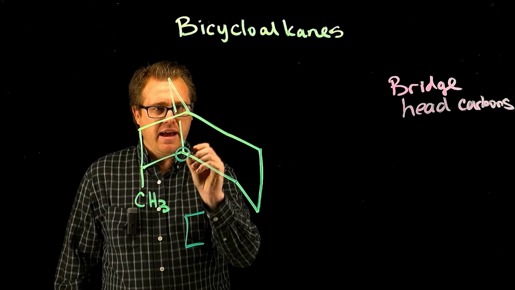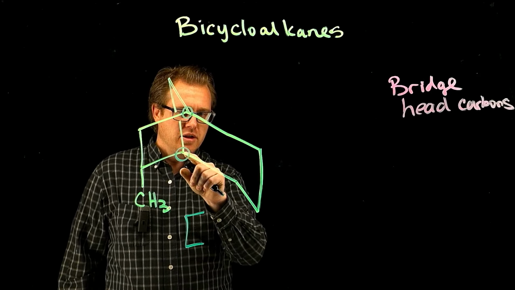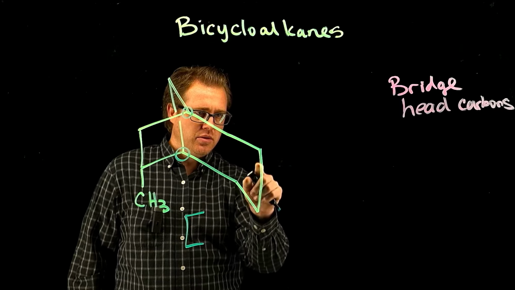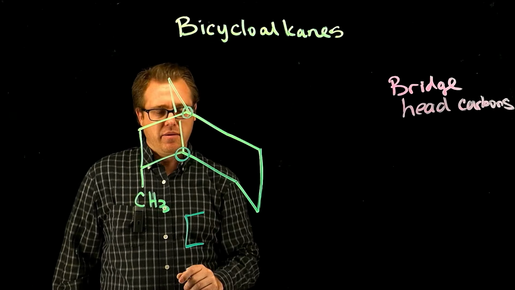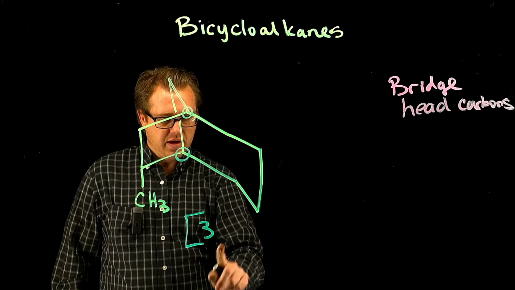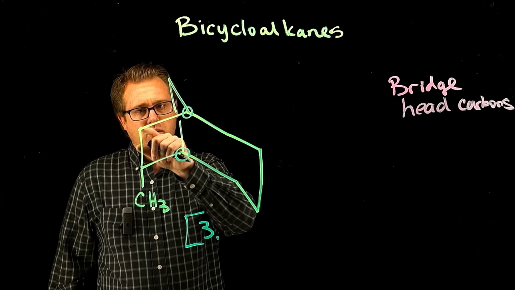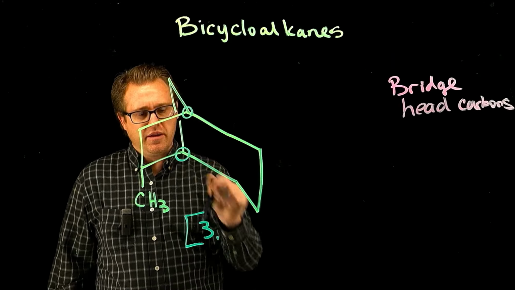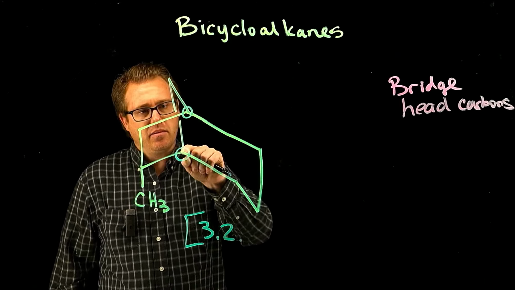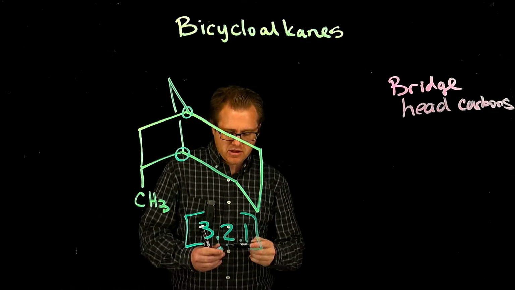We identify that and that as our bridgehead carbons. So let's look at the path. There's 1, 2, 3. We get back there, so there's 3 carbons in between. And it's not commas, it's periods. Then we can go 1, 2, right there. So that's a 2, and then 1. Okay. So there's our paths.